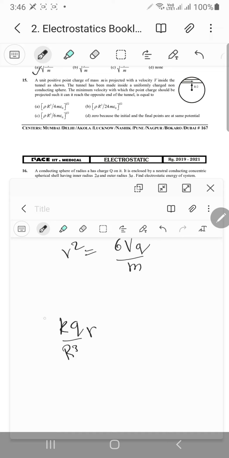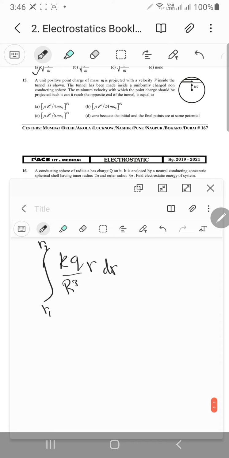Just integrate this thing from r1 to r2. That will give us the potential difference. So this should just be kq upon 2r cubed into r2 squared minus r1 squared.